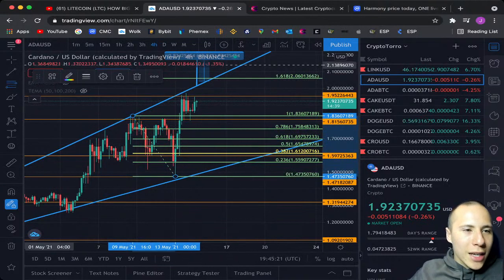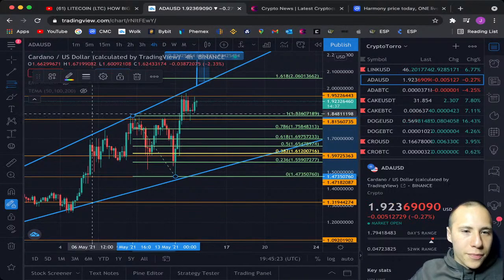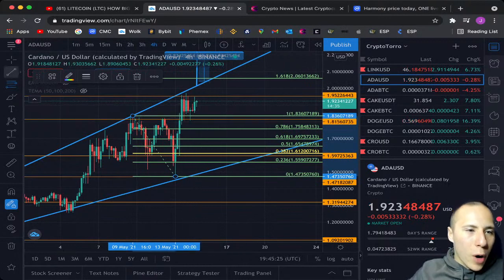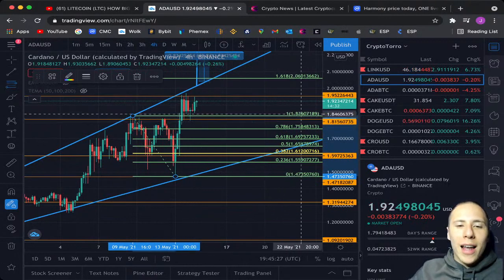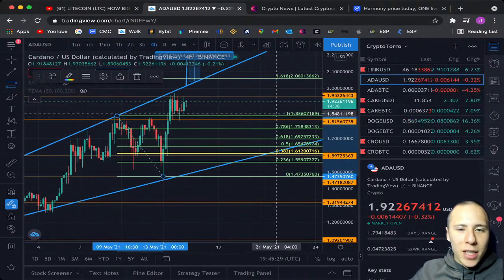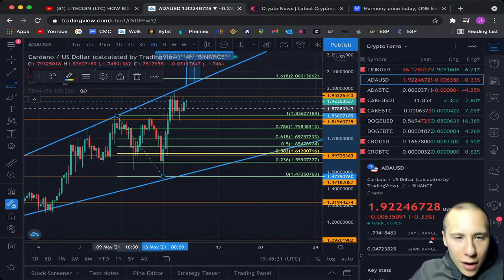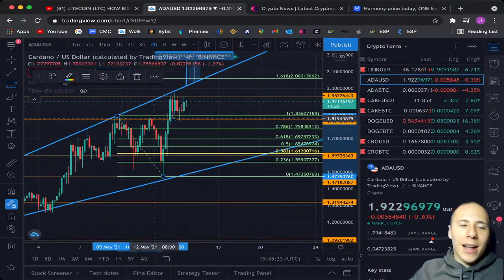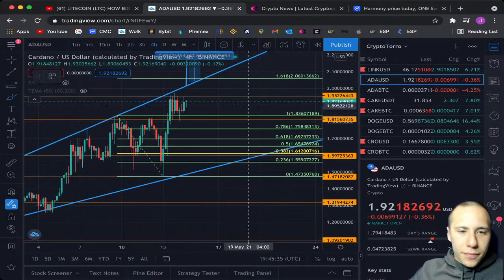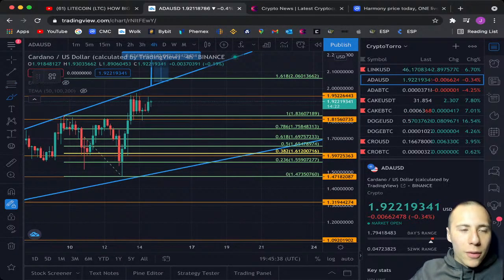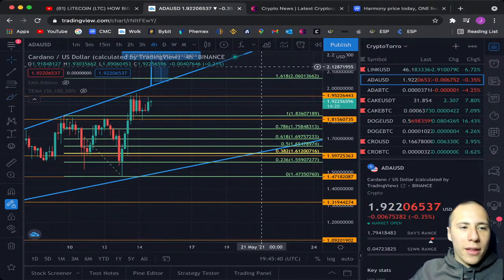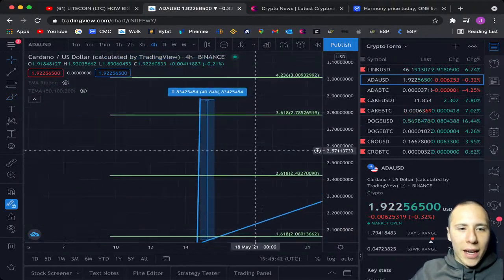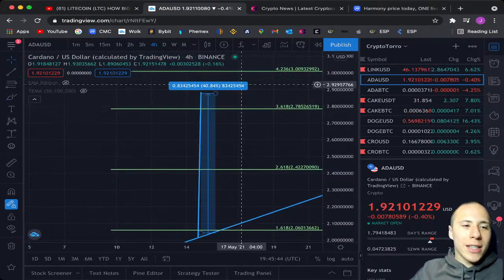And we are seeing that Cardano is right now at this particular moment trading above the 1 level at this Fibonacci retracement at approximately $1.92. And if this move happens on the Cardano chart, we will be seeing Cardano heading towards the $2.90, as I said before.